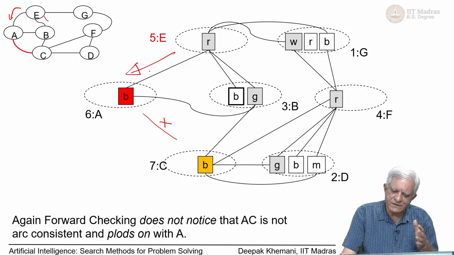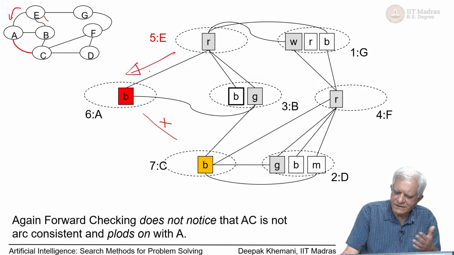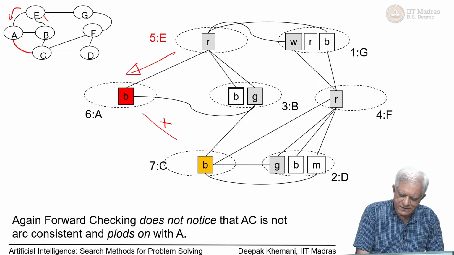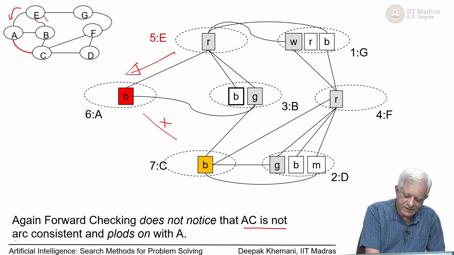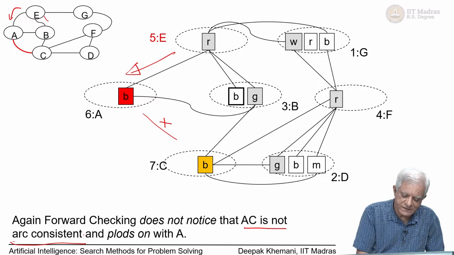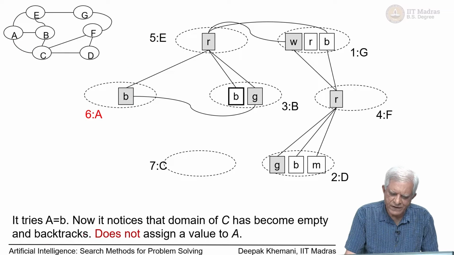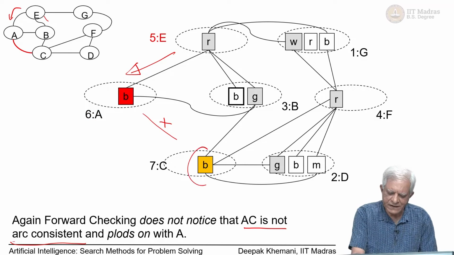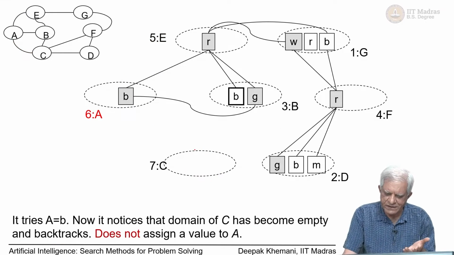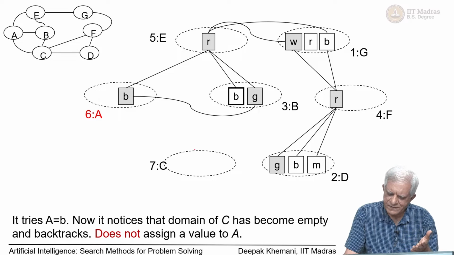There are other algorithms which do more consistency propagation when they are looking at the future, and we will see a very quick example here. So, forward checking does not see that variable A is not R consistent with C, and plods on to the value of A. It will give a value of B to A, and when it does that, this value from 7 will get deleted, and it will notice that that has become empty.